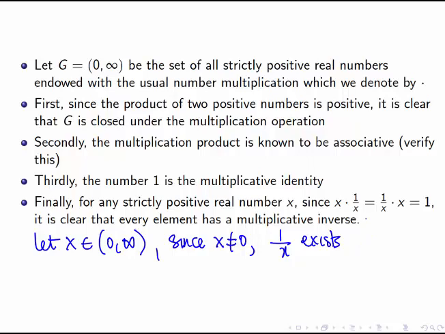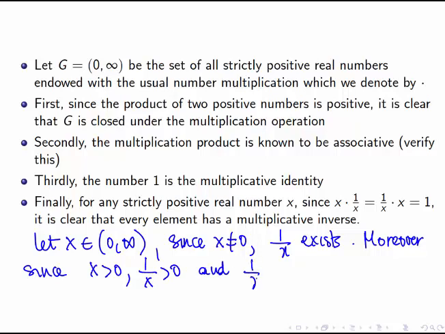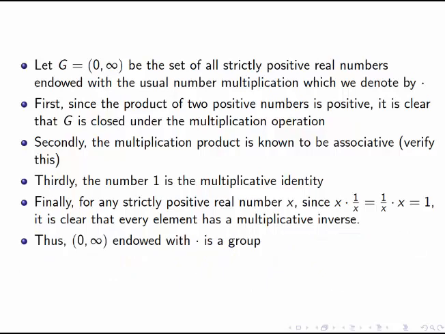And moreover, since x is strictly positive, 1 over x is strictly positive, and that means that 1 over x is in our set. So every element has a multiplicative inverse. So we have all the ingredients required to have a group. This set is indeed a group.